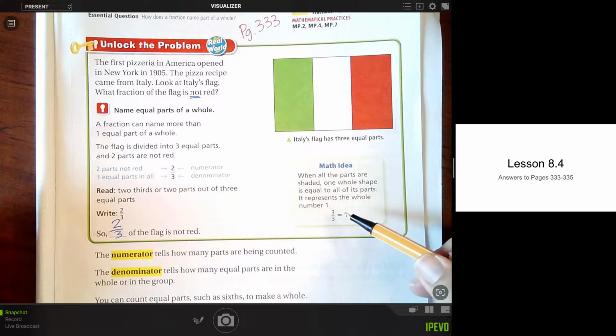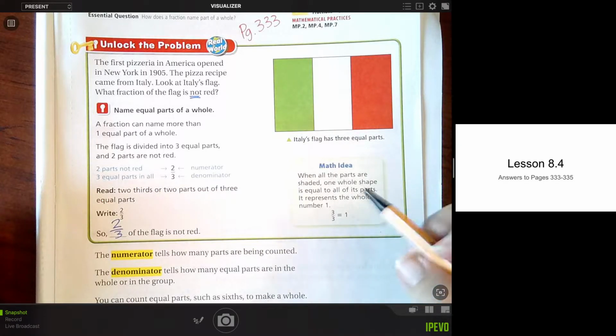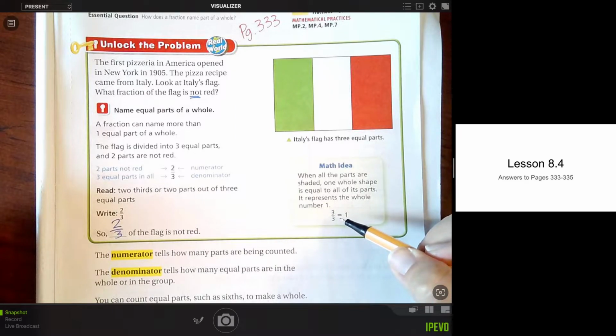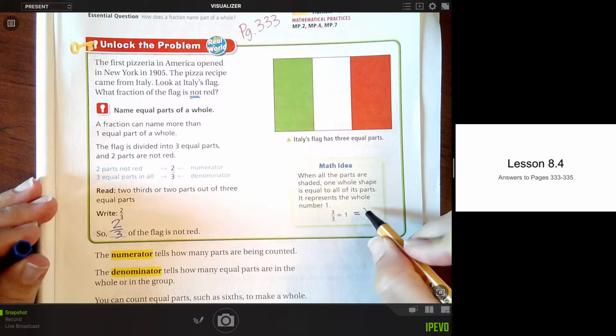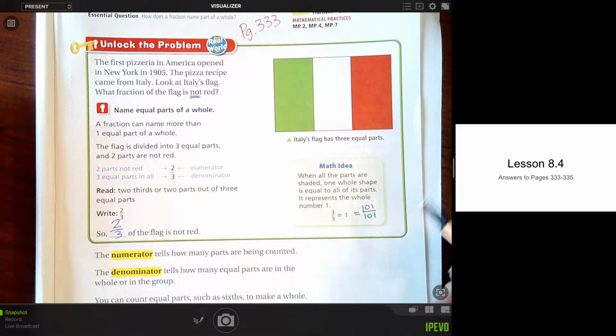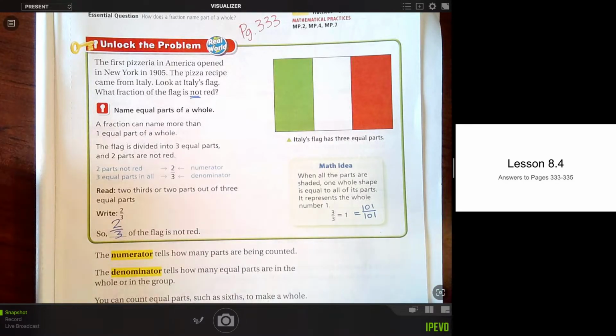So 3/3 equals 1 whole. Anytime the numerator is the same as the denominator, those equal 1. This also equals 1: 101 over 101. If I had a pizza divided into 101 pieces, and I said I'm going to share this pizza evenly with 101 friends, it would be 1 pizza I'm talking about, 1 whole.